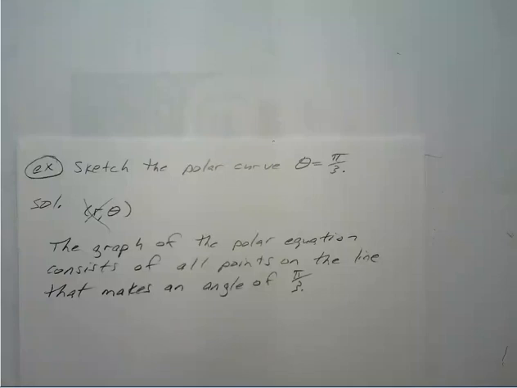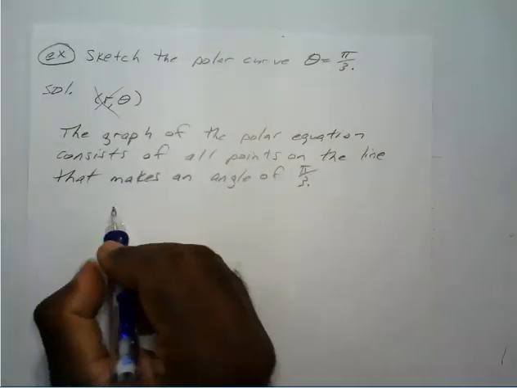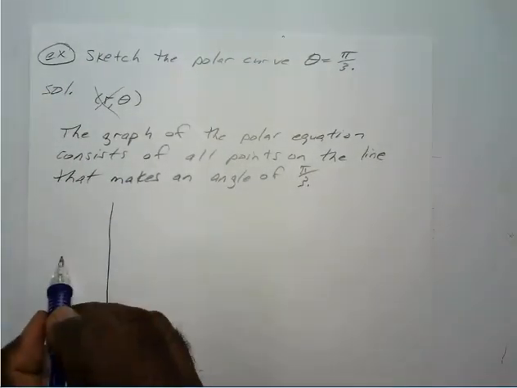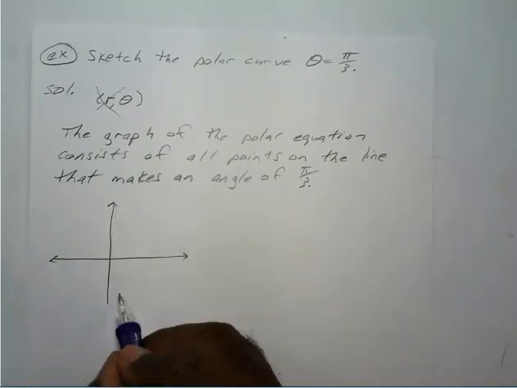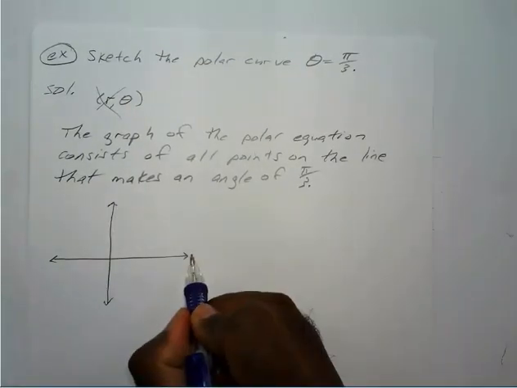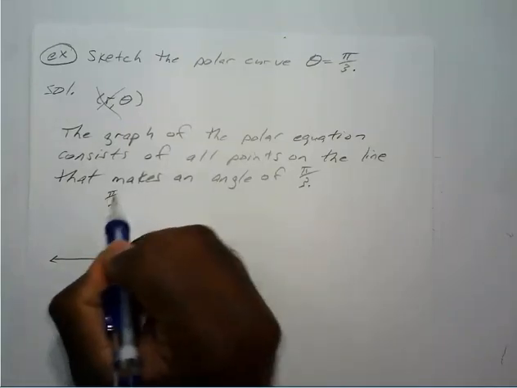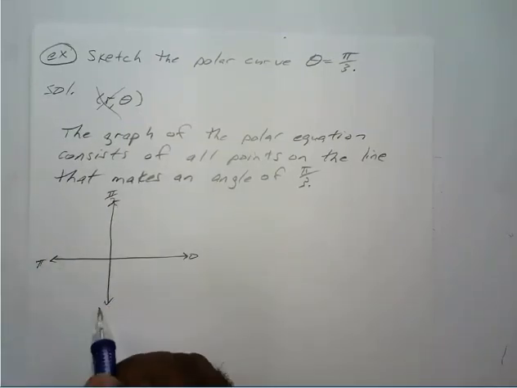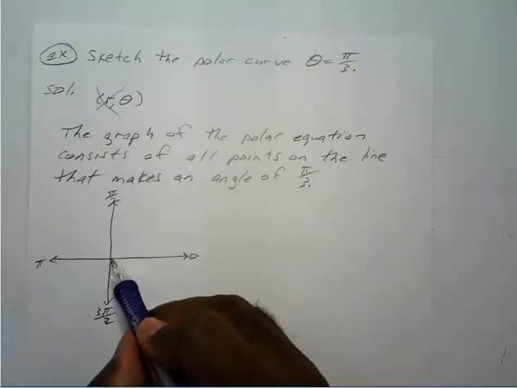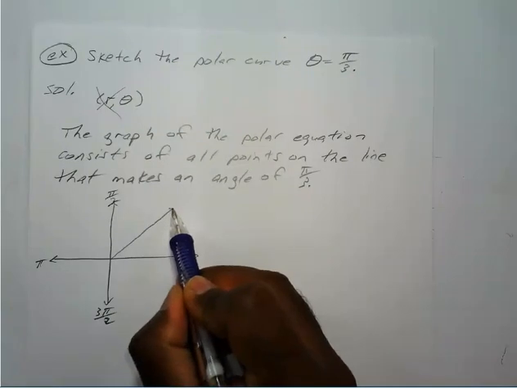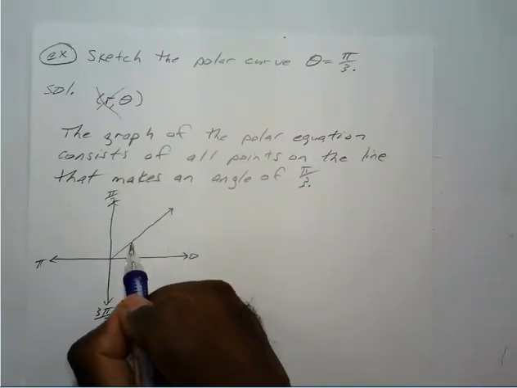That's really it. So if you draw your polar axis, then theta equals pi over 3 will look just like this.